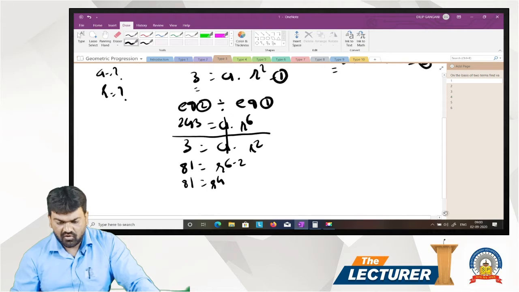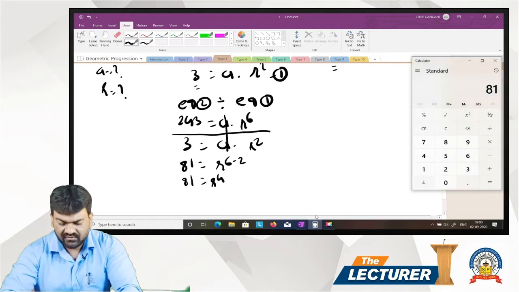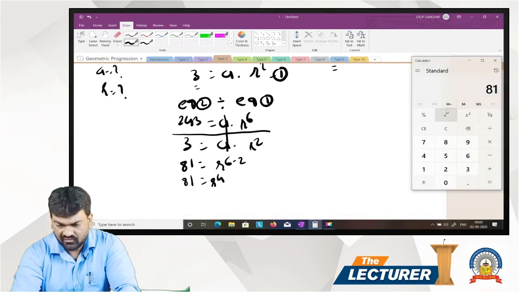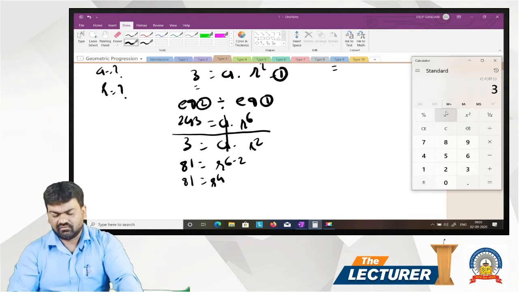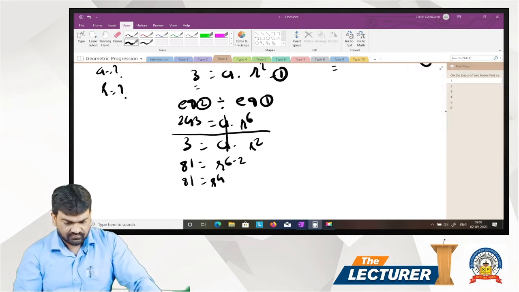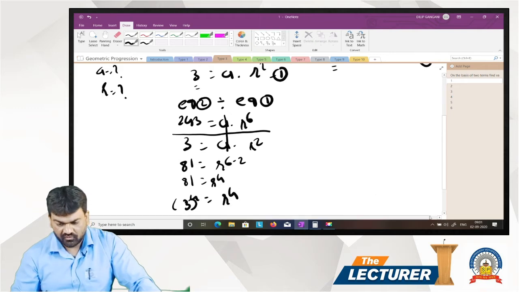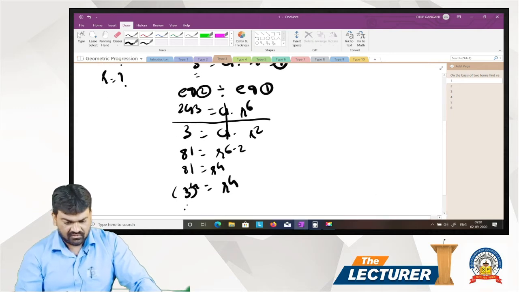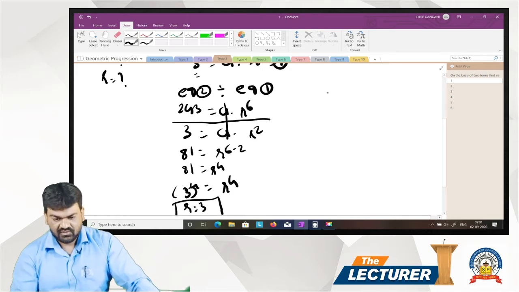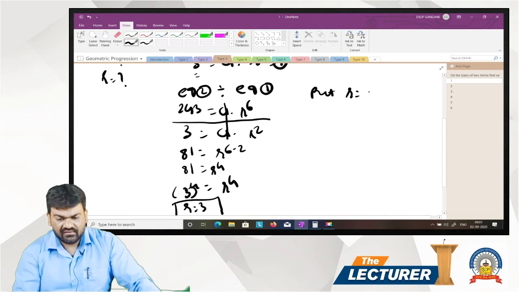Now fourth root of 81: 81, square root, and again square root, that is 3. 3 raised to 4 is equal to r raised to 4. So r is equal to 3. Put r is equal to 3 in equation number 1.